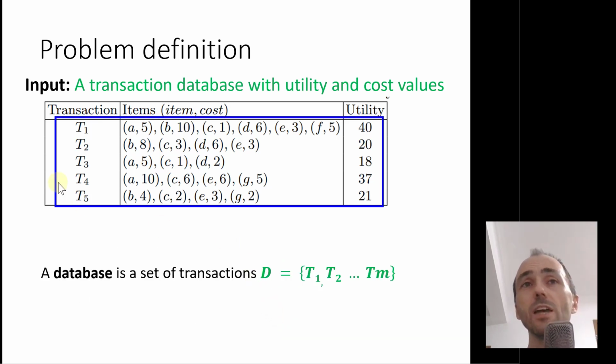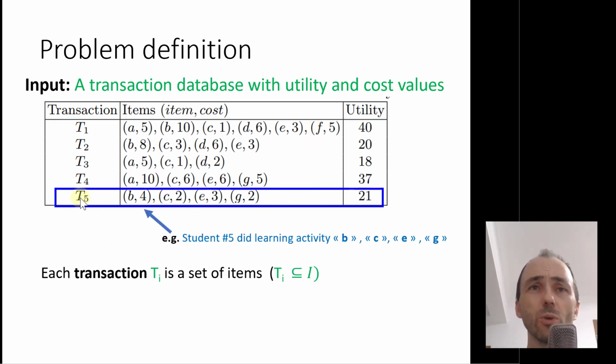Now, we say that a database, as you see on top, is a set of transactions we call T. Okay, T1, T2, T3, T4, T5. So here we have 5 transactions, for example, from 5 students.